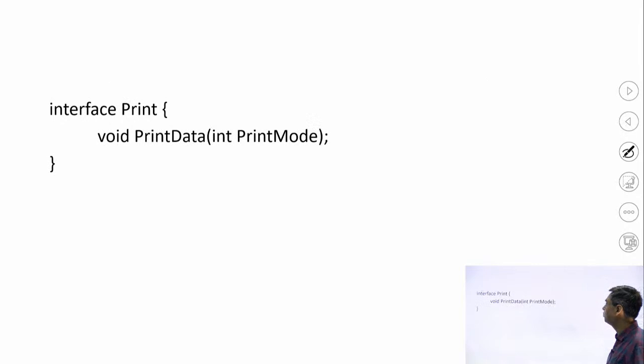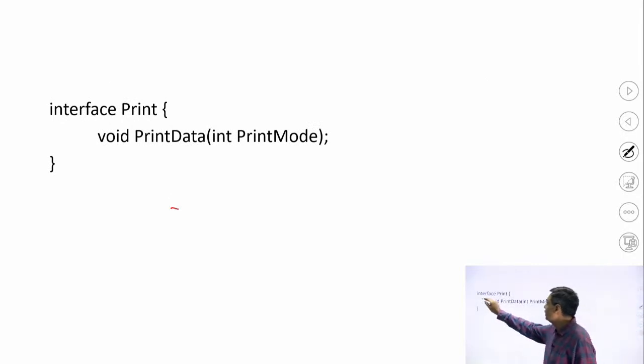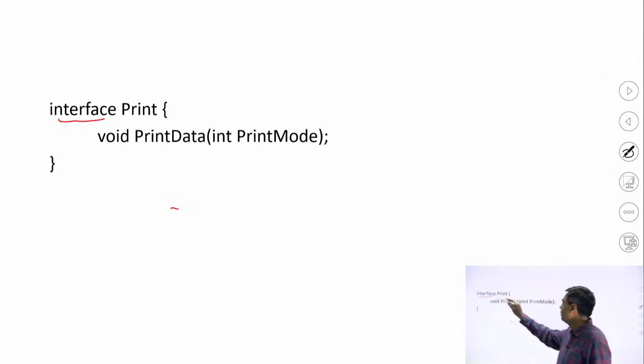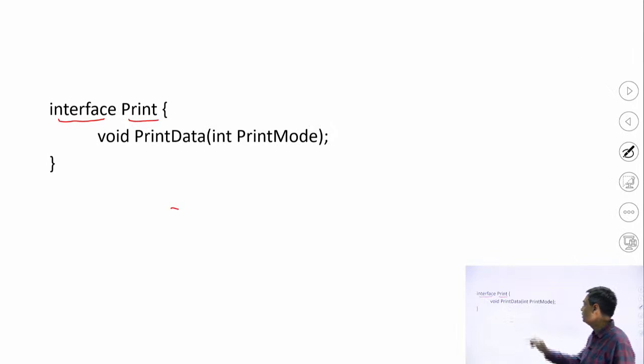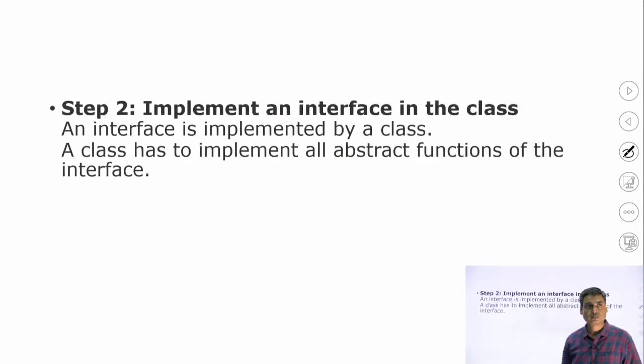So look at an example. It is an interface and the name of the interface is print and the name of the function is print data. Here you can see that it is an abstract function, no definition is given. So in the interface we have defined one abstract function called print data, and one argument is print mode.